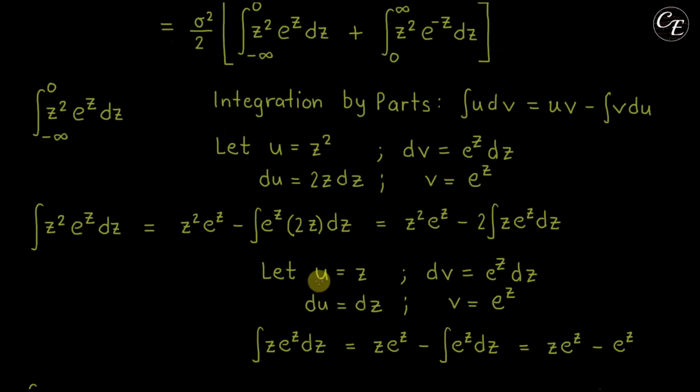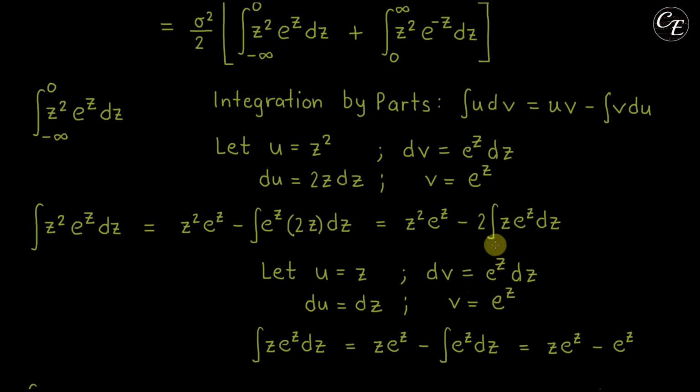Now in here, let u be z. Then dv will be the rest of the terms, which is e raised to z dz. Then du will be the derivative of this one, which is dz. And v will be the integral of this one, which is e raised to z.